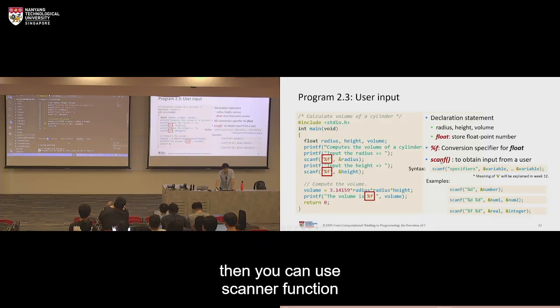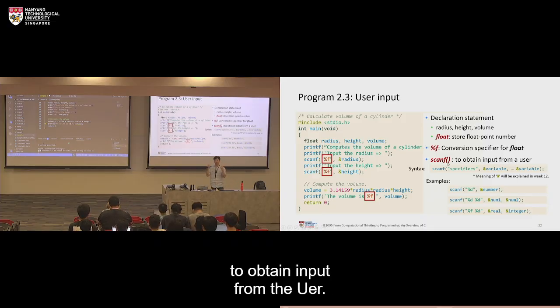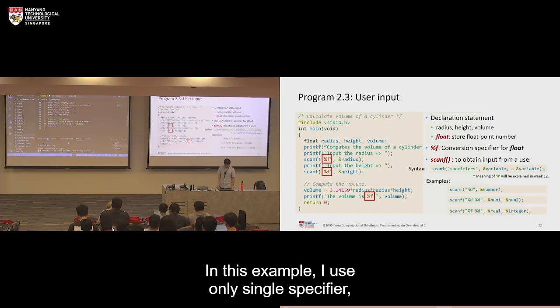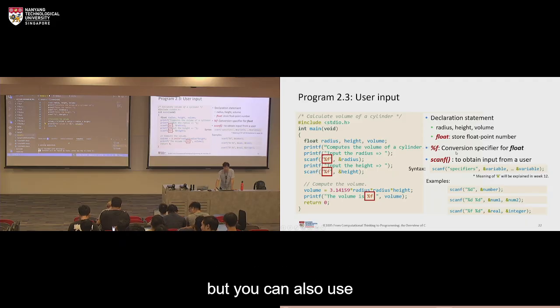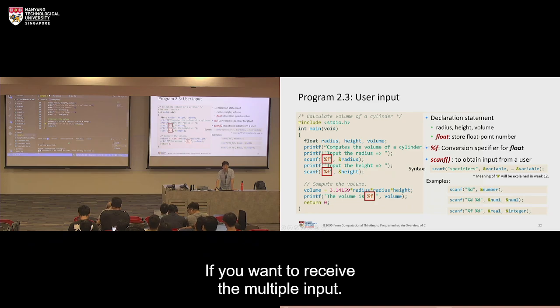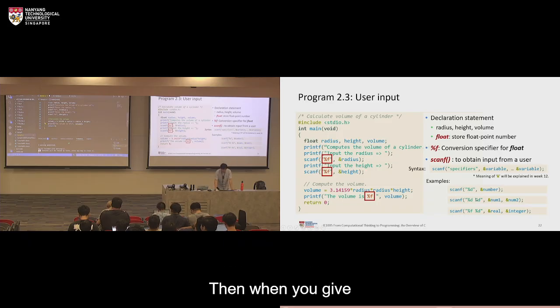Okay, then now you're going to use this specifier. Now you can use the scanf function to obtain input from the user. In this example, I used only a single specifier, but you can also use multiple specifiers, as you can see here, if you want to receive multiple inputs.